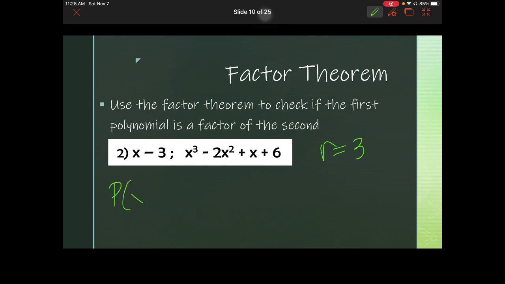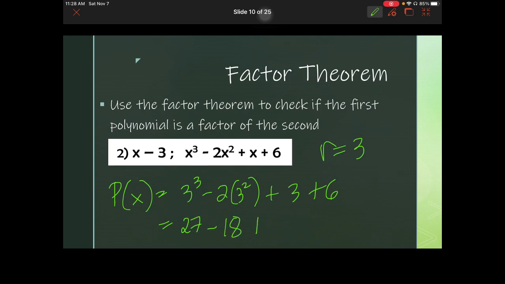And then, substituting that into our p sub x, we will get 3 cubed minus 2 times 3 squared plus 3 plus 6. Okay. Ang 3 cubed po natin ay 27 minus 3 squared ay 9 times 2, 18 plus 3 plus 6. Ang makukuha po natin dito ay 27 minus 18 is 9.